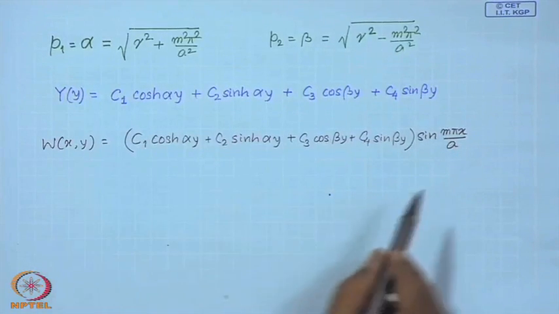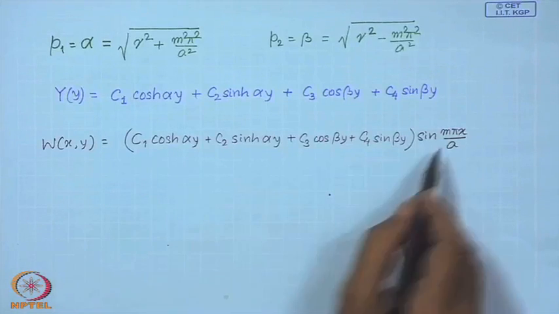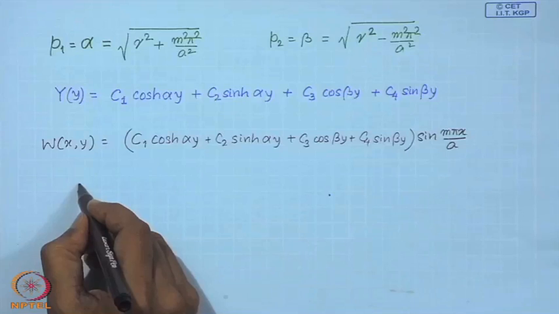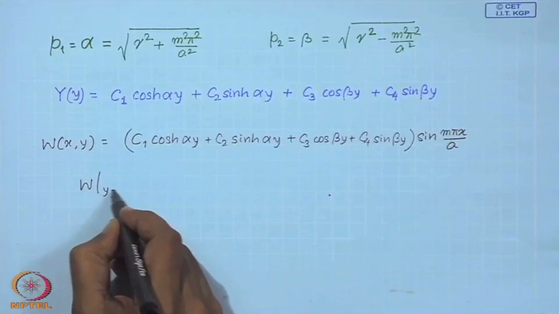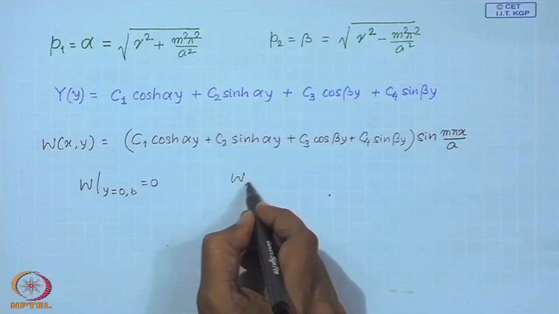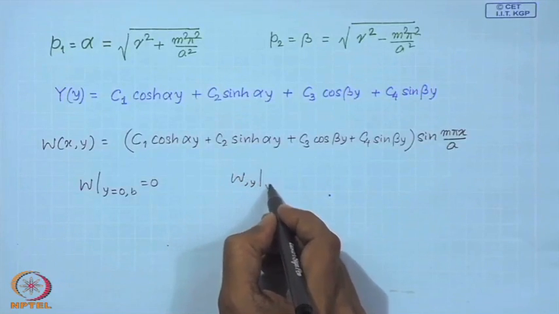Now we have satisfied 4 boundary conditions by choosing the function in x. We are left with these 4 boundary conditions as yet.